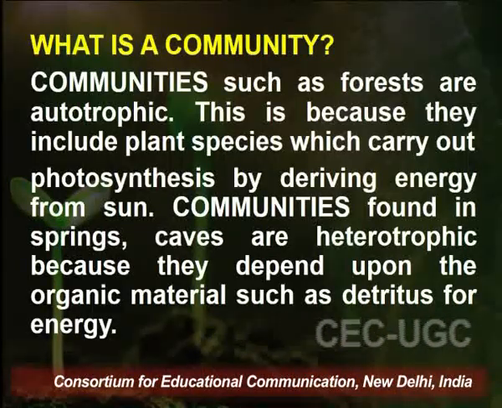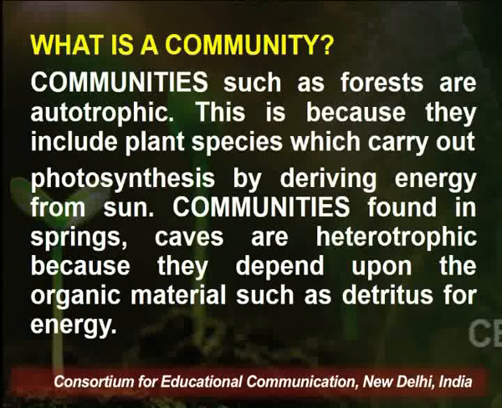Areas such as a forest have a large community size with many species of plants, birds, insects, reptiles, mammals living together. In contrast, a log of wood represents a small community that supports only insect species. As you can see in the slide, communities such as forests are autotrophic.